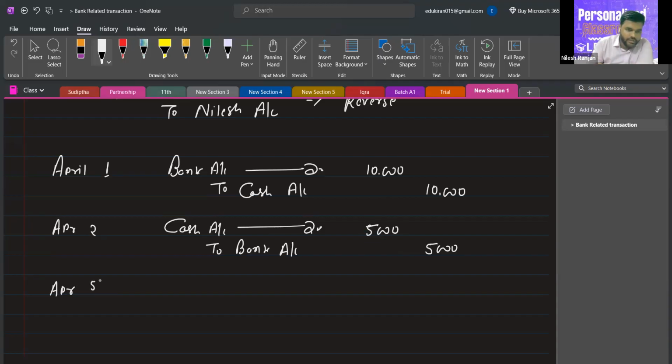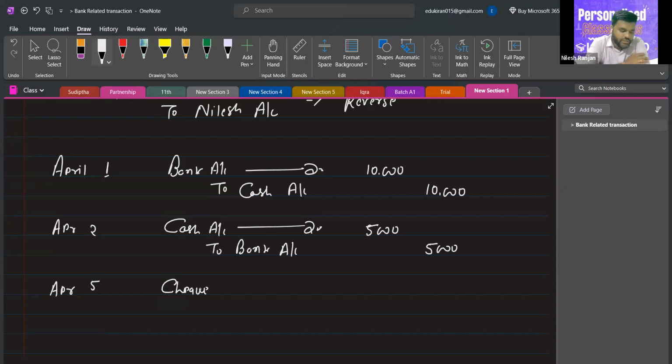Now, April 5, received a check from Ramesh. We have sold goods of 12,000 last year. So check account debit. If this type of sentence is given, you have to see whether the said check is deposited on the same day or on a different date.